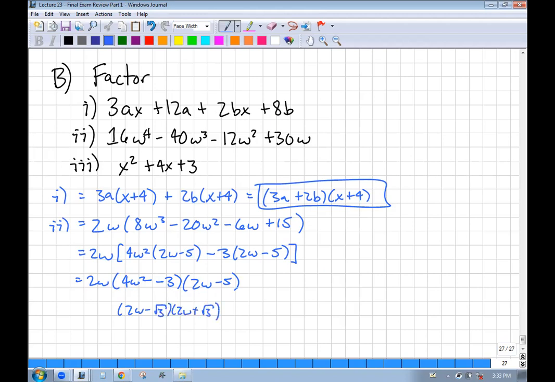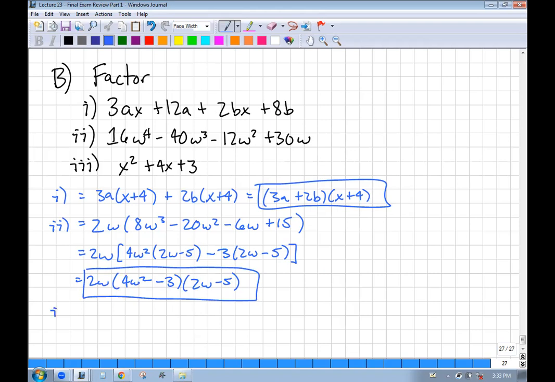But when they say factor, what they really mean is where these numbers are whole integers. So they don't want you to factor this. They want you to leave it like that, because if you factored it, you get root 3's in there, and that's just ugly.